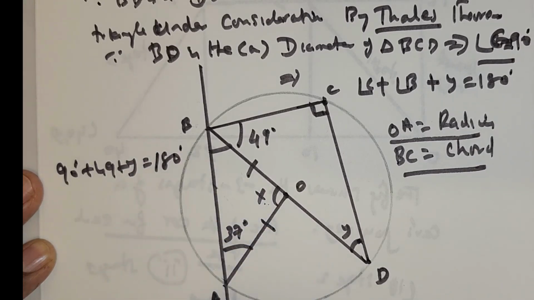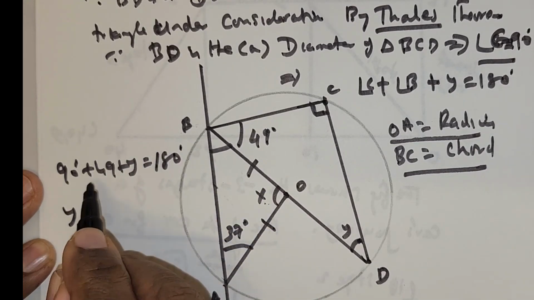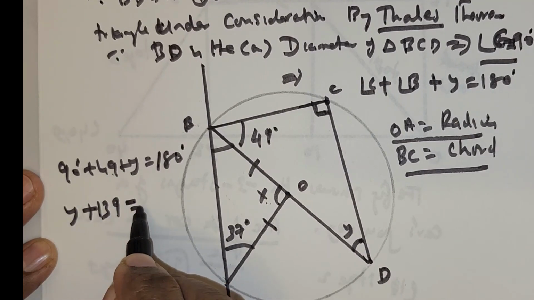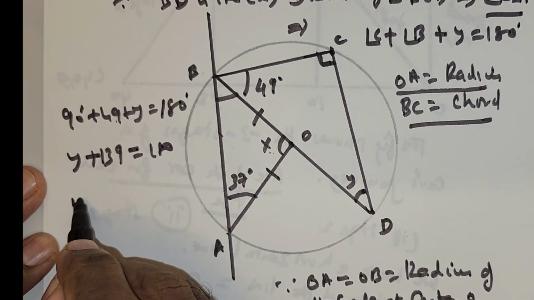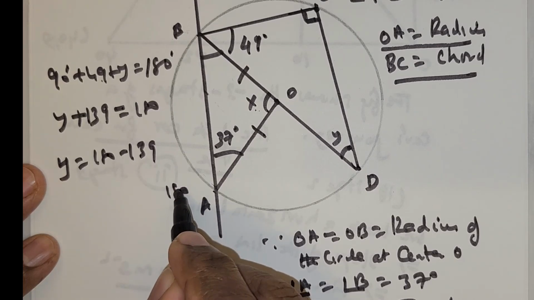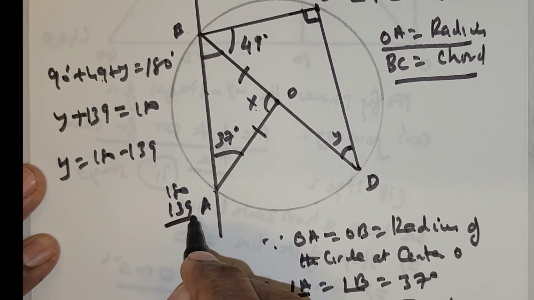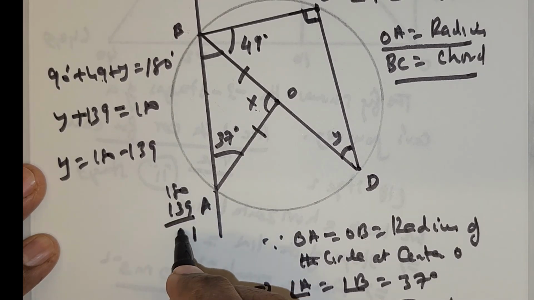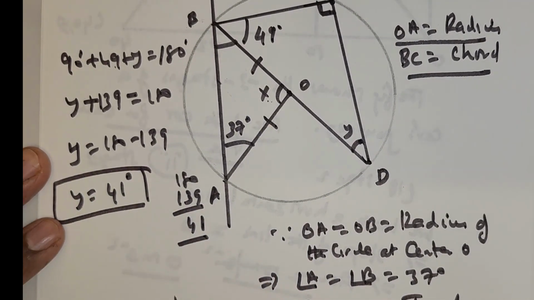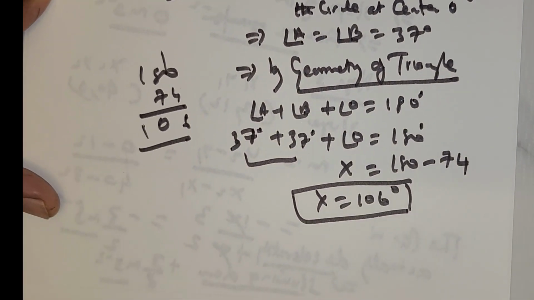This is equal to 180. So Y plus, you add these two together, you get 139 is equal to 180. So Y is equal to 180 minus 139. So what do you get? From 180 you take away 139. You get 41. So Y is equal to 41 degrees. This is a lovely question. We have answered all the parts of it.